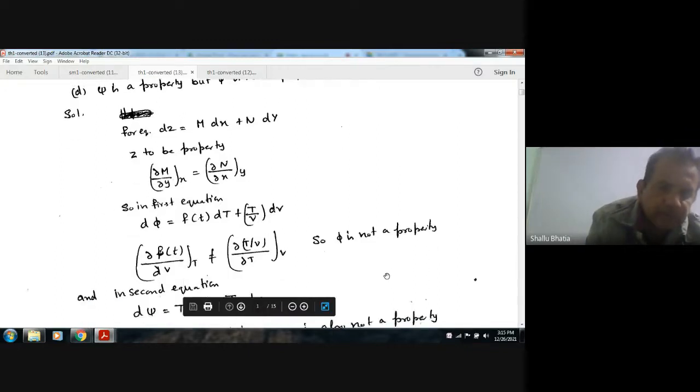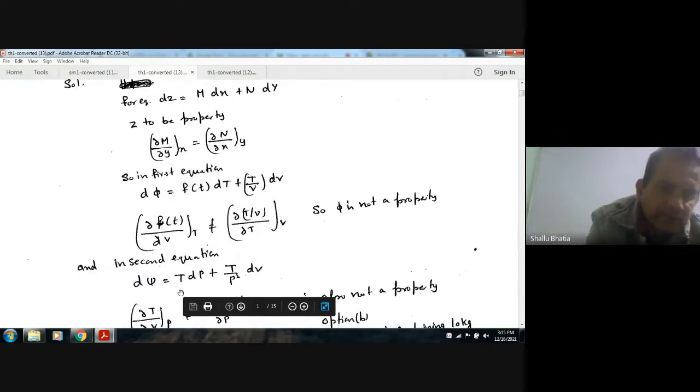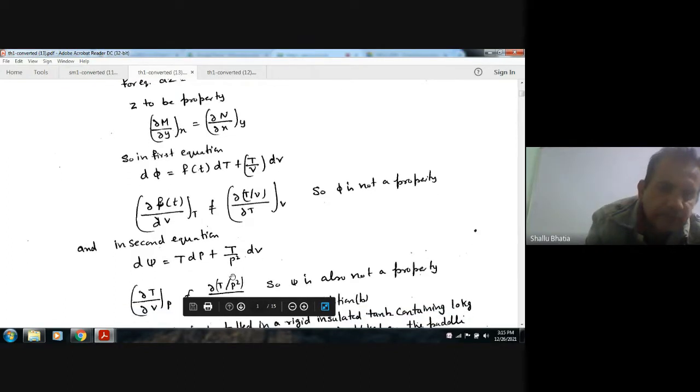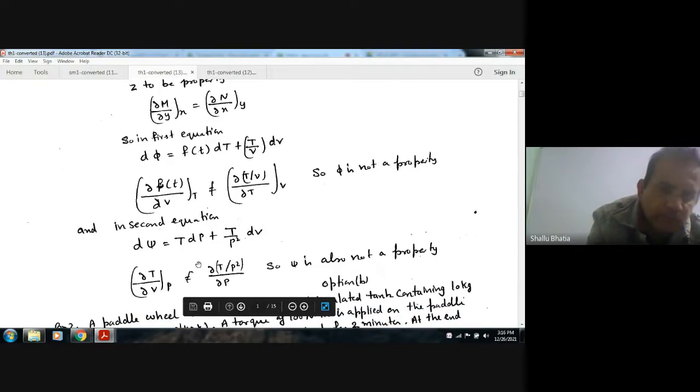In the second case, where dψ = T dT + (T/P²) dV, M is T and y is V, and P is constant. Here N is T/P², and we take its differentiation with respect to P when V is constant.